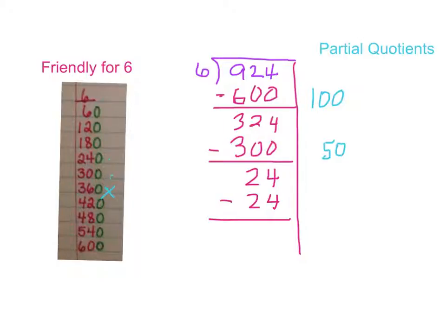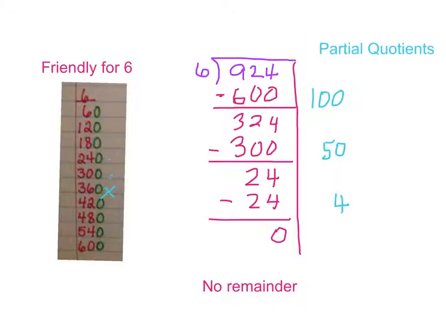Out to the side, I know that 6 times 4 equals 24. And then when I subtract, I'm left with a 0. So that means there is no remainder. And no remainder means there are none left over, nothing left.